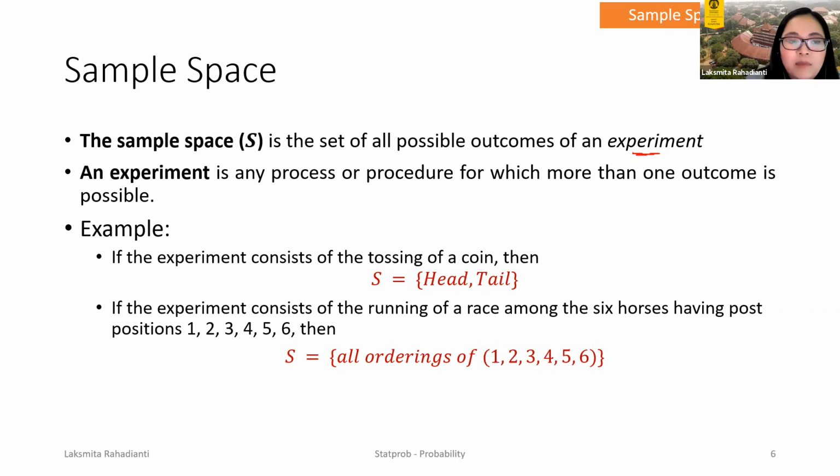And if our experiment is about today being rainy or not, that means our sample space would be rain or shine. Don't forget that if you were asked to write the sample space in a question, you need to use the correct set notation when you are denoting the sample space.